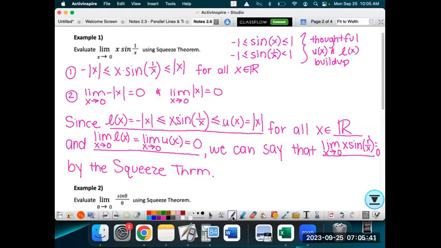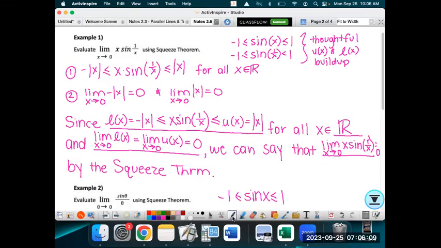If you have any questions, make sure you write them down. So in the next one, you're also going to evaluate that using the squeeze theorem. I did say that for that one, we are going to have to get guess and checky, because if you think about it, the way that we built up from the last one, I did -1 is less than or equal to sine of x is less than or equal to 1. And in this one, we have division by 0.